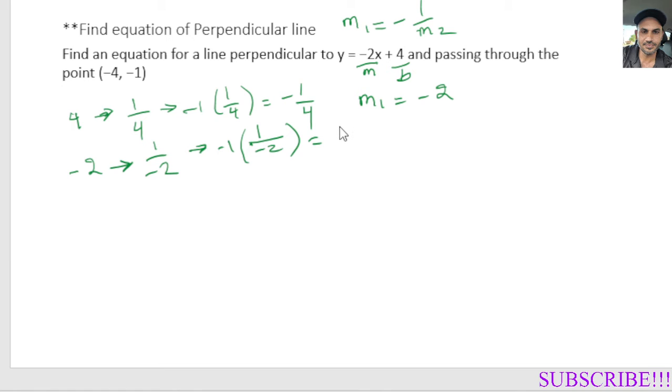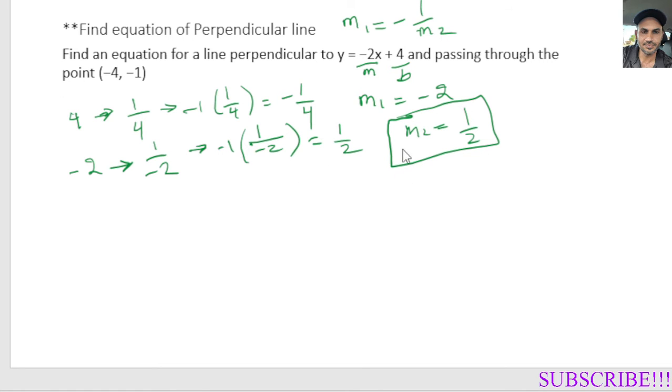So the slope of the second line should be equal to 1/2.